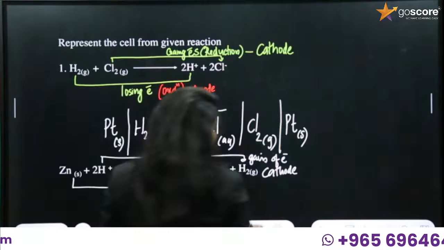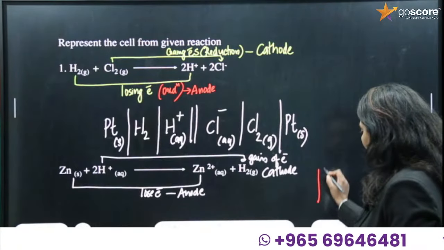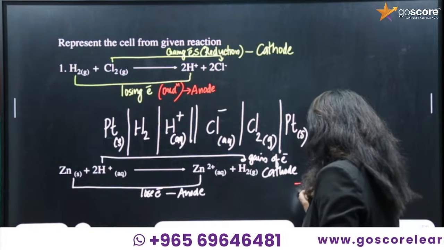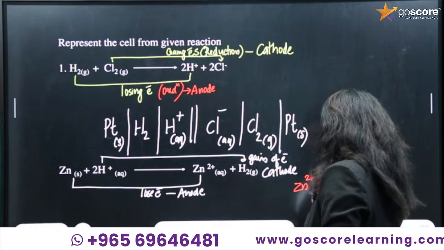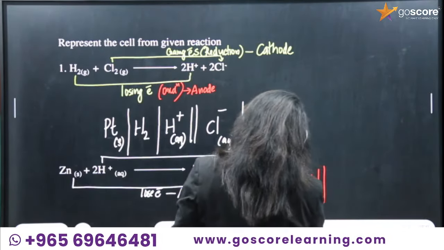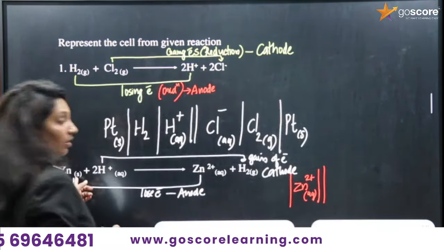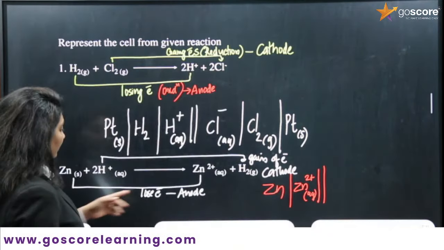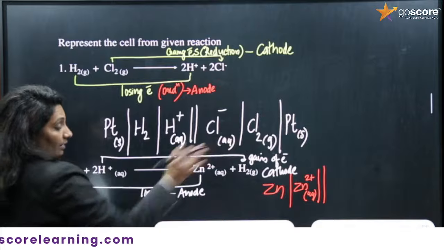So how will we represent? We have to draw the salt bridge. The anode on this side: Zn2+ ions in the aqueous form, and the phase change to solid state, right? So it will be Zn. And what about the right hand side?